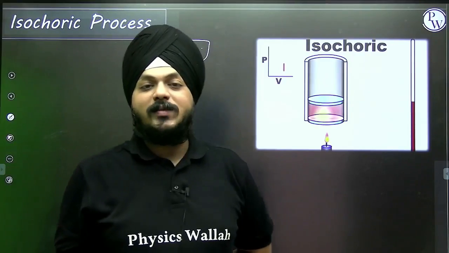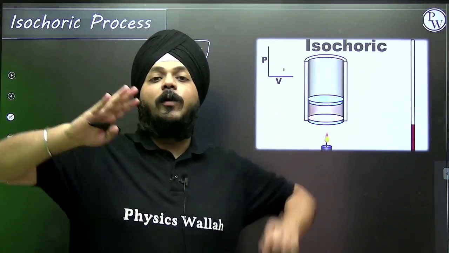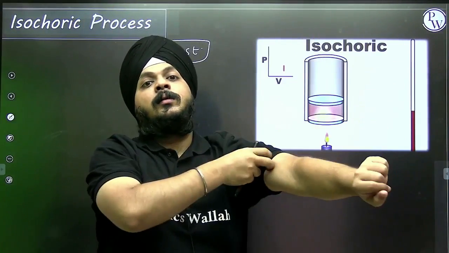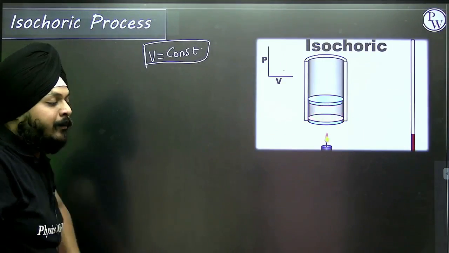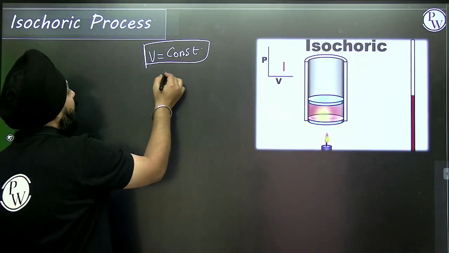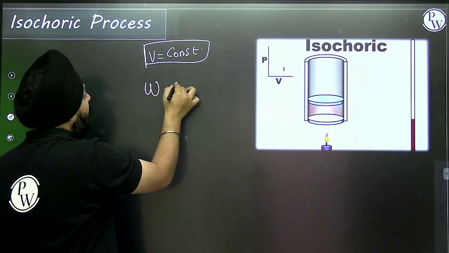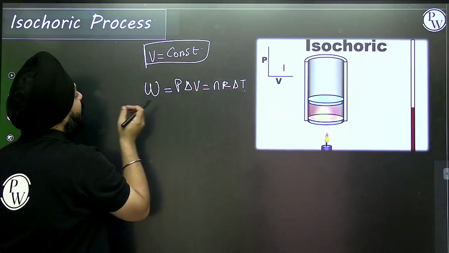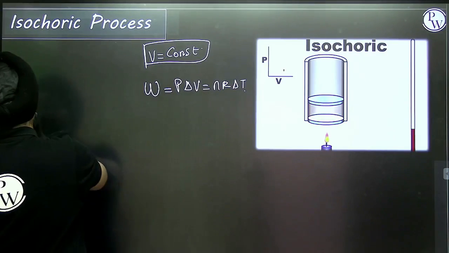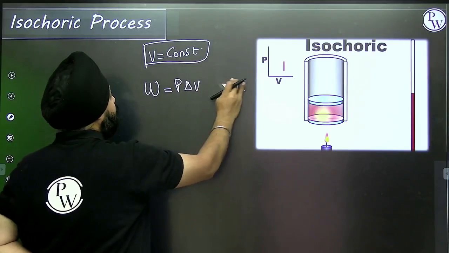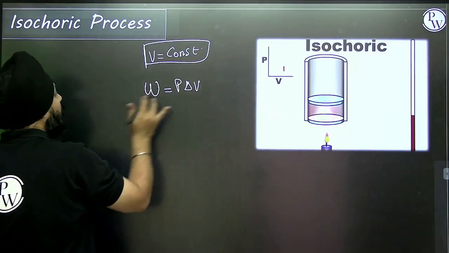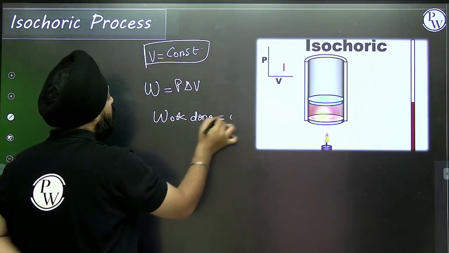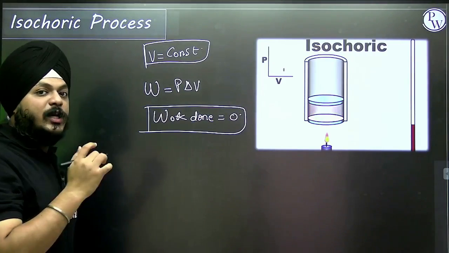If ideal gas is placed into the cylinder and a thermodynamic process is going on in which the volume of the cylinder is kept constant, then work done, that is P delta V, and that is n R delta T. If the volume is constant, work done in isochoric process is 0.